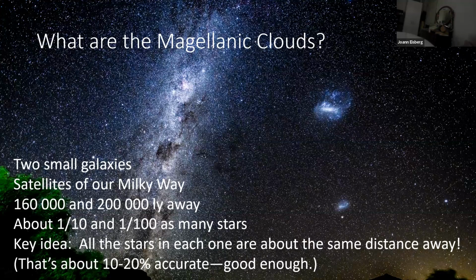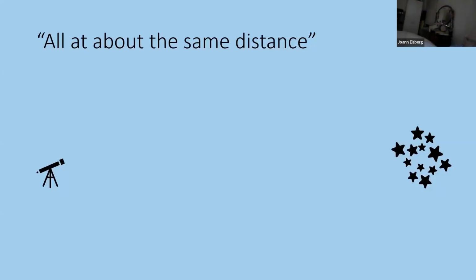So let's just get a picture of what that looks like. Granted the numbers I just gave you for the Milky Way, when I say all at about the same distance, it looks about like this. That little cluster of stars is meant to be all at the same distance from the observer to within like 10 or 20%.